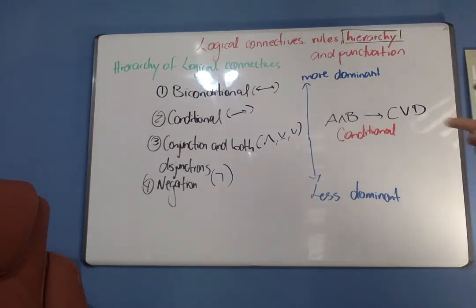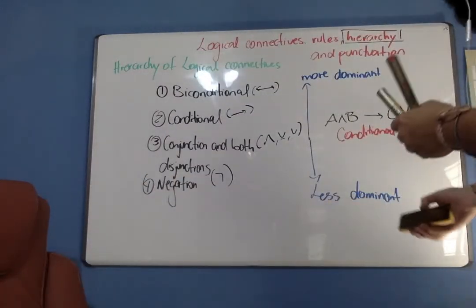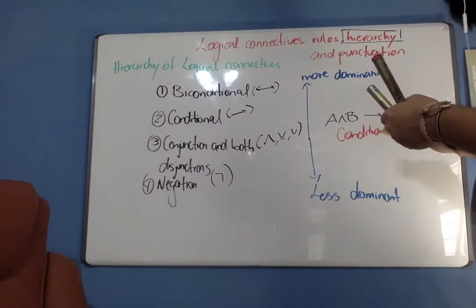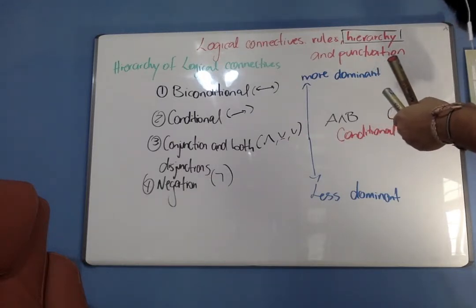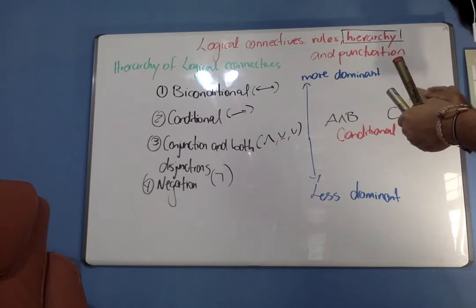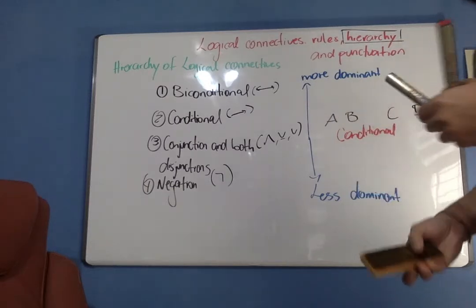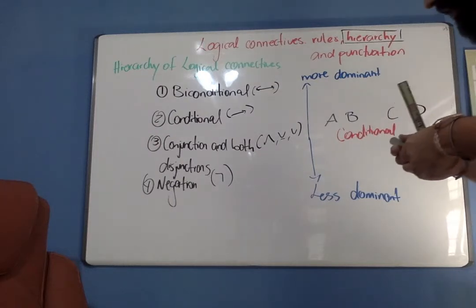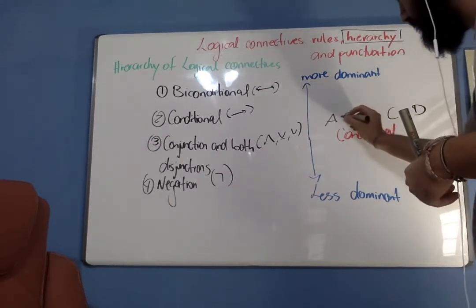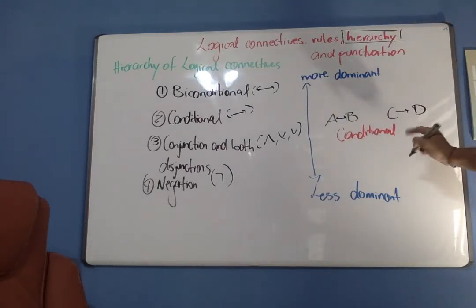Now, imagine, for example, that we change this. Instead of having this, I'm going to change both logical connectives, and imagine that we have a conditional between A and B, and a conditional between C and D, okay?